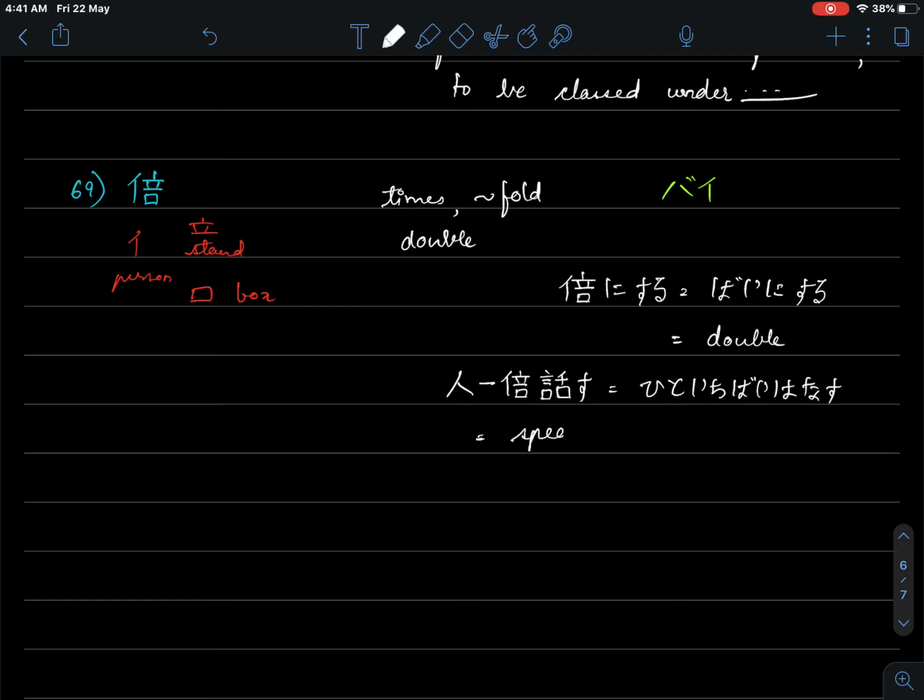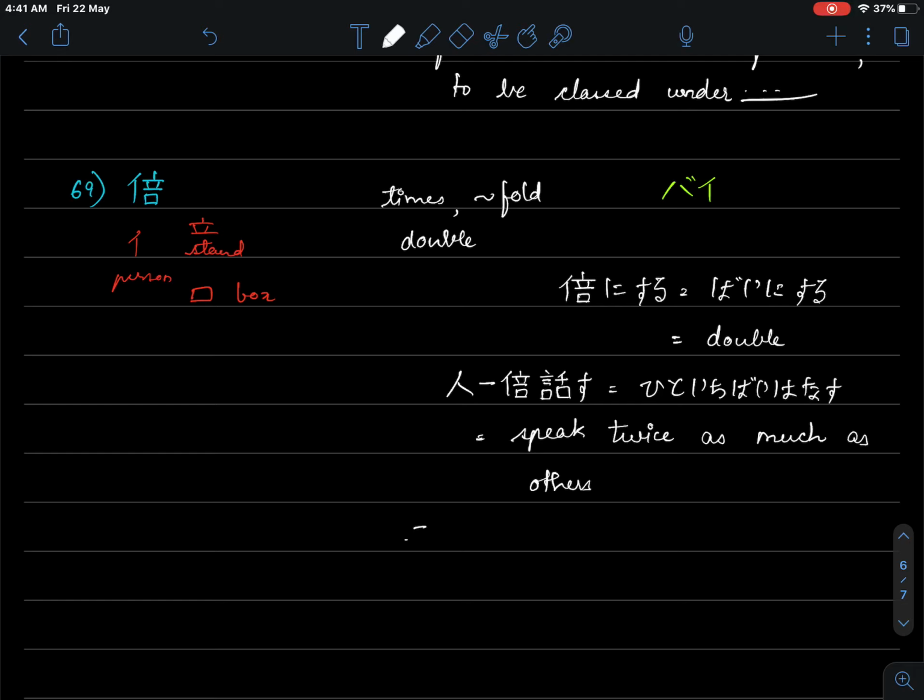So it means speak twice as much as others. So it's rather one way of saying someone is extremely talkative.